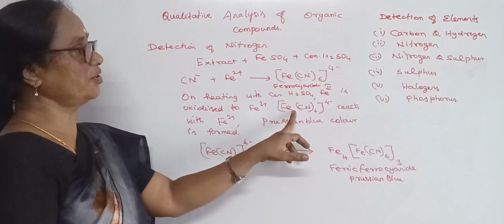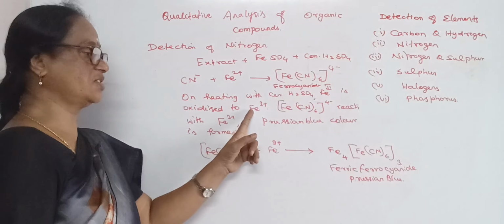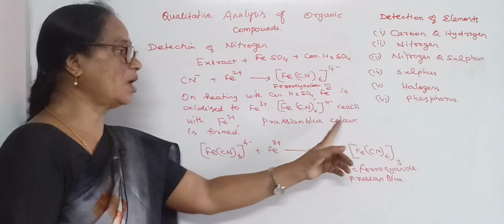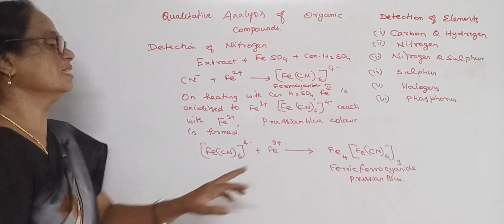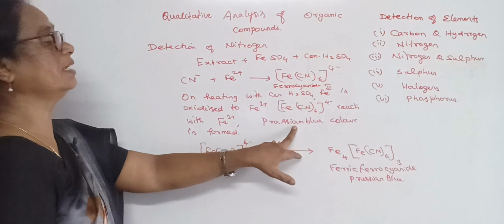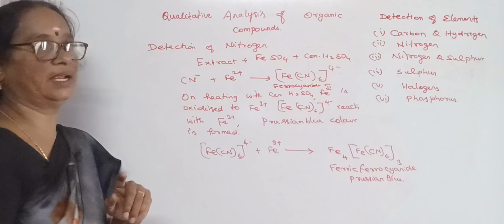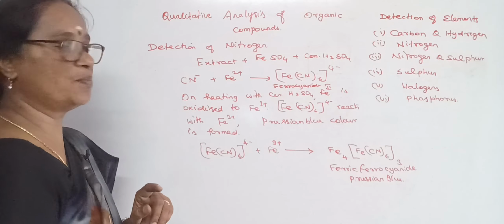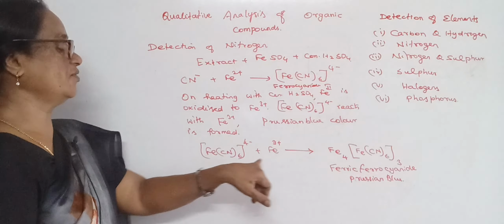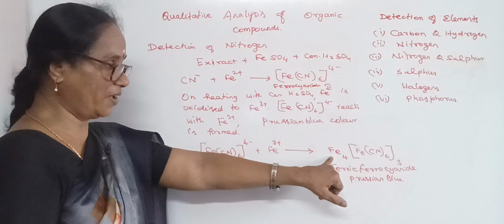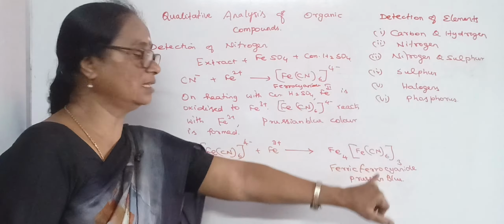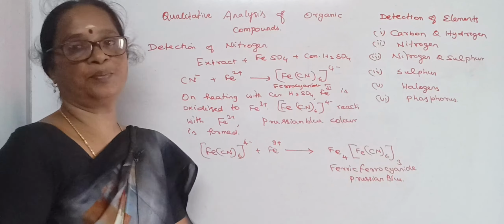This formed ferrocyanide further reacts with the ferric ion and forms a Prussian blue color. The formation of Prussian blue color confirms the presence of nitrogen in the given organic compound. So ferrocyanide with ferric ion forms ferric ferrocyanide. This is the Prussian blue color.